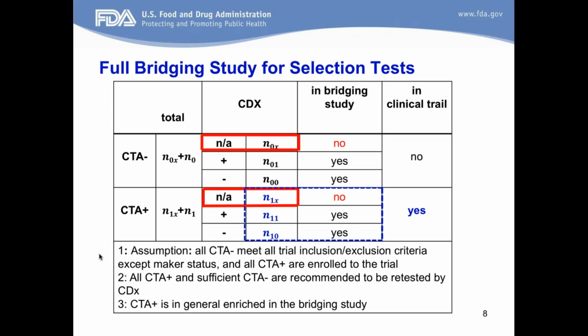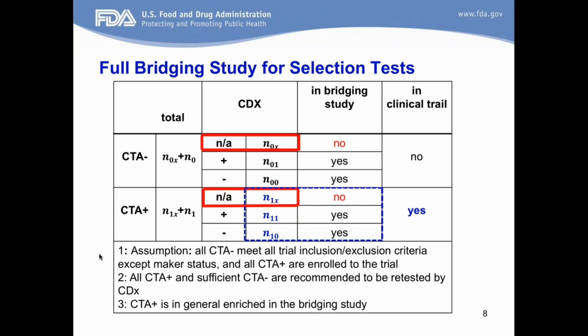So for those patients, even though enrolled in the clinical trial, they cannot be retested by CDX. The second possibility is that they may have some left over, but the quality of those specimens is not good enough. So even if you test, they may have no CDX results. That's the issue of missing data I think Peter mentioned.